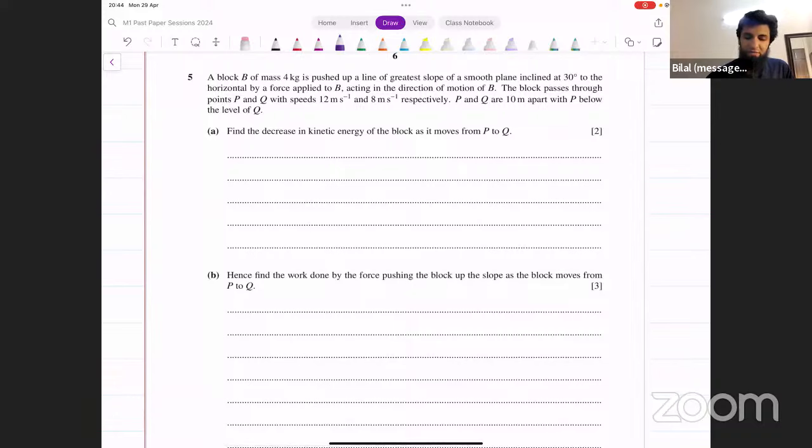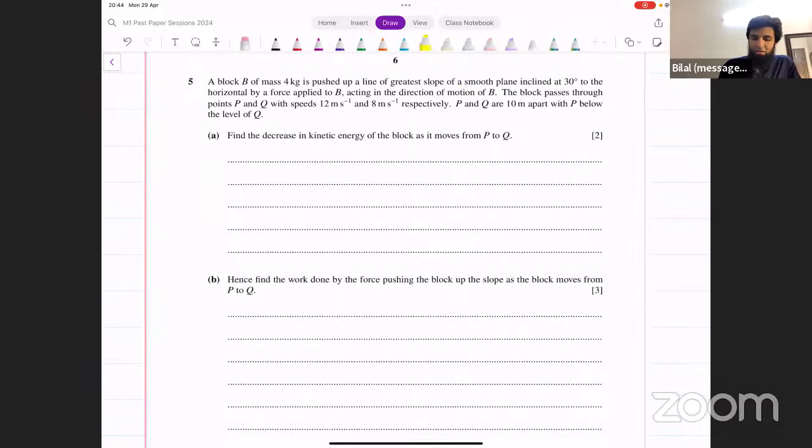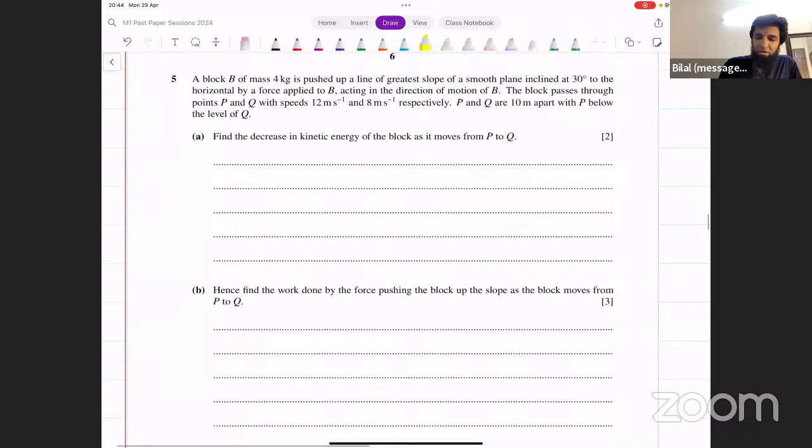A block B of mass 4 kg is pushed up a line of greatest slope of a smooth plane inclined at 30 degrees to the horizontal by a force applied to B. Okay, now let's draw this diagram to understand the situation better. You've got the mass 4 kilograms, and this block is being pushed up a smooth plane that's inclined at 30 degrees to the horizontal.